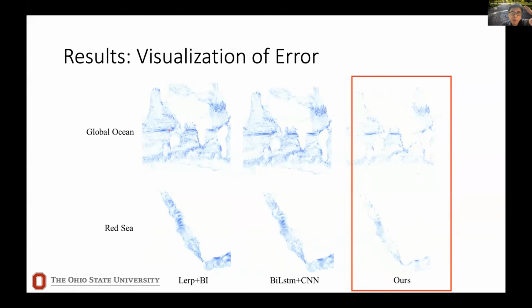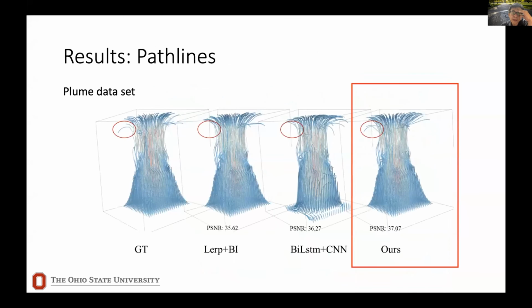Once we construct the vector, we compare with the ground truth, get the magnitude of the difference, and perform one rendering. As you can see, with our motion compensation and also spatial and temporal super resolution, I hope you can see that our error is much less than a simple bilinear interpolation and also STN and CNN.